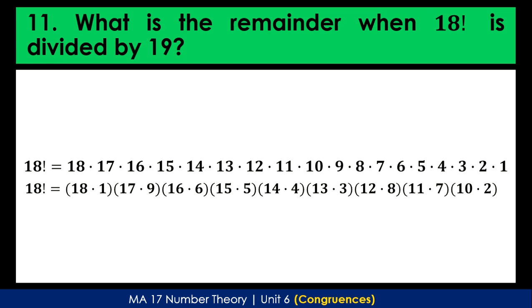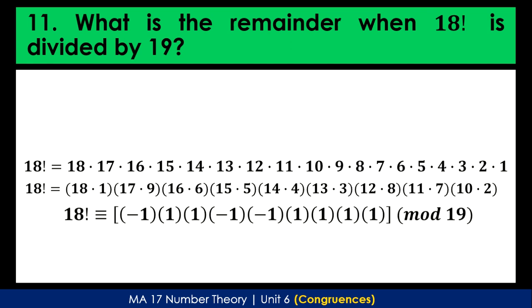17 times 9 is 153. If we divide it by 19, we have a remainder of 1. 16 times 6 is 96, and if we divide it by 19, we still have a remainder of 1.